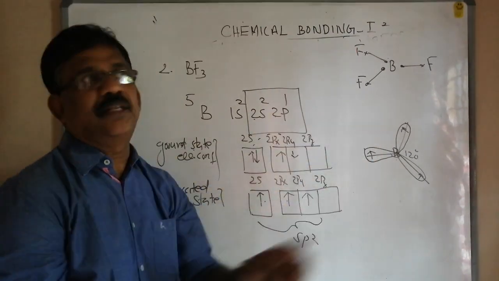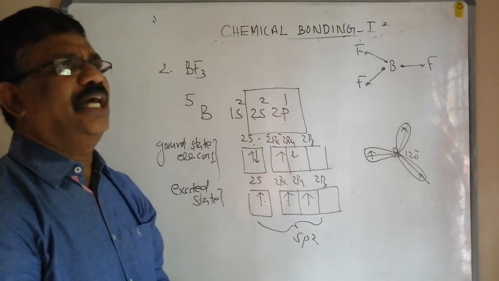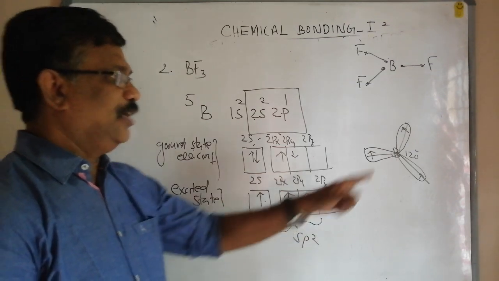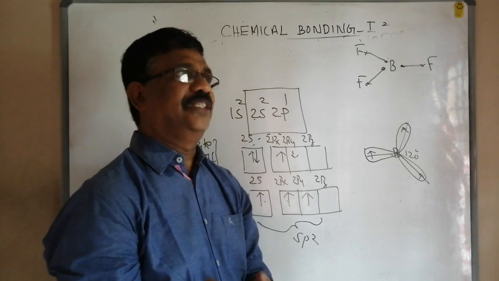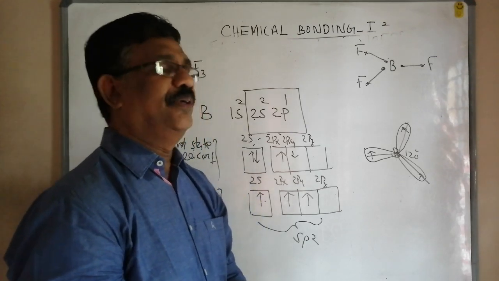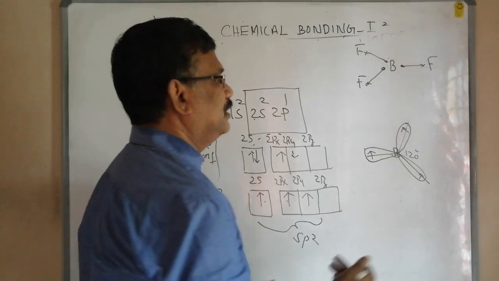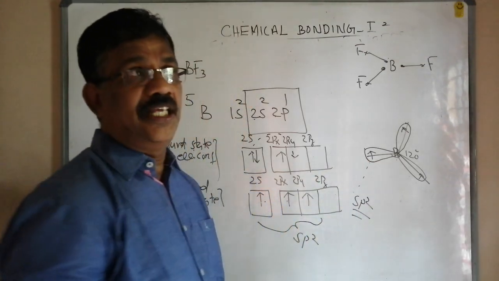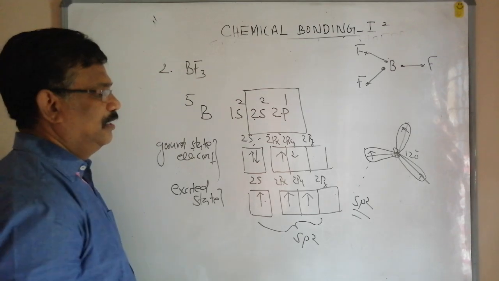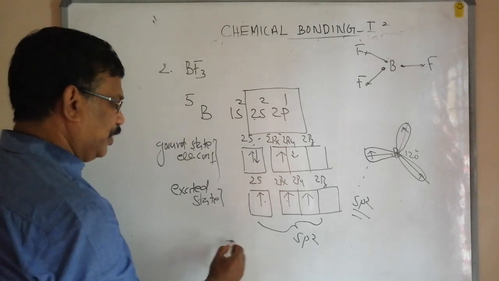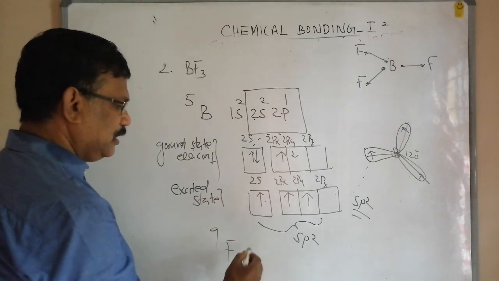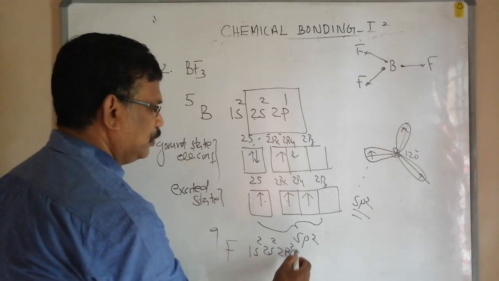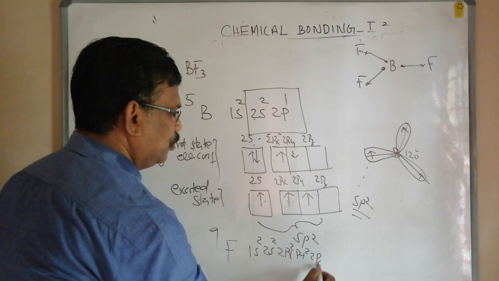Here the approaching atom is fluorine. Boron's 3 orbitals have equal energy and the same shape, dumbbell, and are called sp2 hybrid orbitals. Next, the incoming atom fluorine: 1s2, 2s2, 2px2, 2py2, 2pz1.